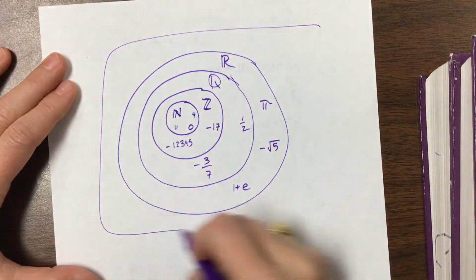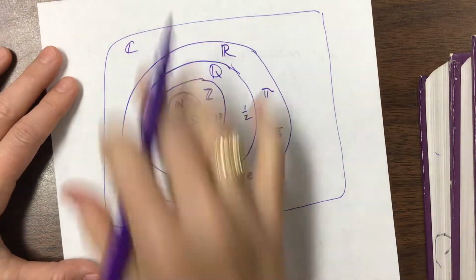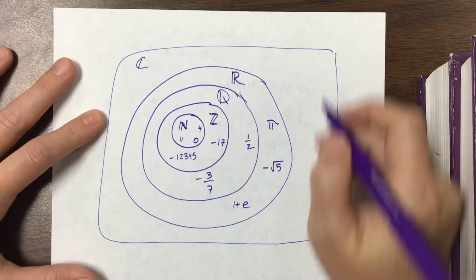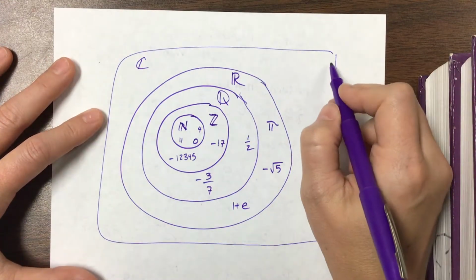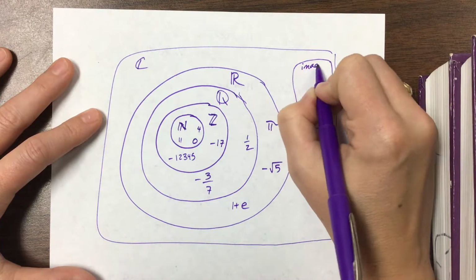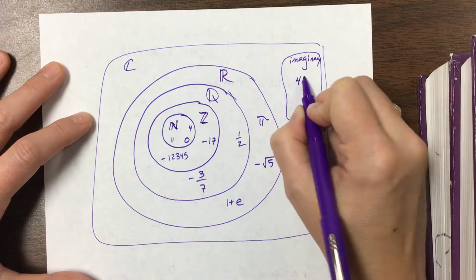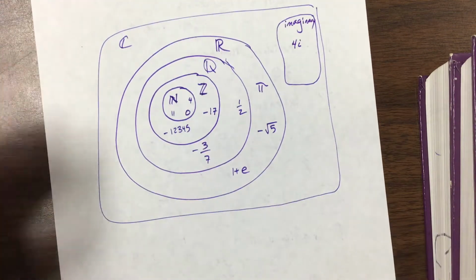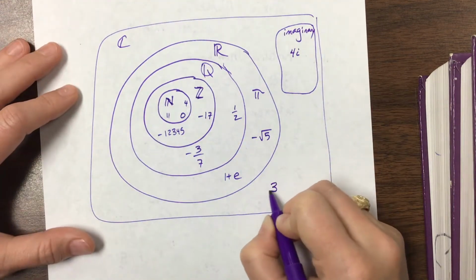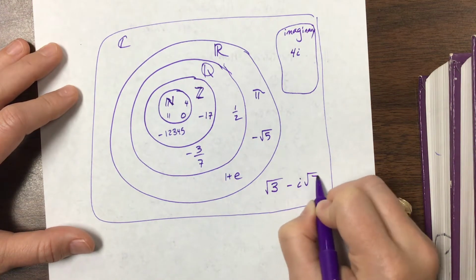HL, you're going to come out here also to the complex. Everything that's real could also be written as a complex number. You could think of it as there's also this world here of imaginary. So 4i could be here, but stuff out here could be like root 3 minus i root 7.